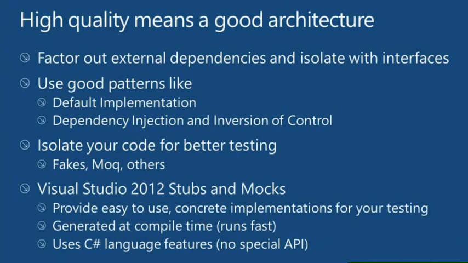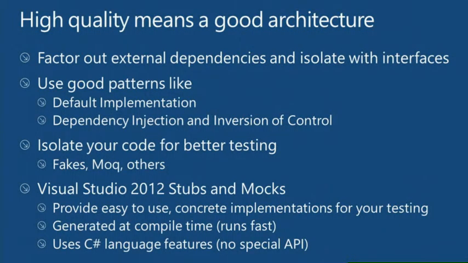And for that, you can use isolation frameworks like Moq or RhinoMocks, or in this case, we're going to use a framework called Fakes. And Fakes is based on the Moles work that was done by Microsoft Research, and it's been deeply integrated into Visual Studio. And again, it works with any of these unit testing frameworks. Within the Fakes framework, there's something called stubs and mocks.